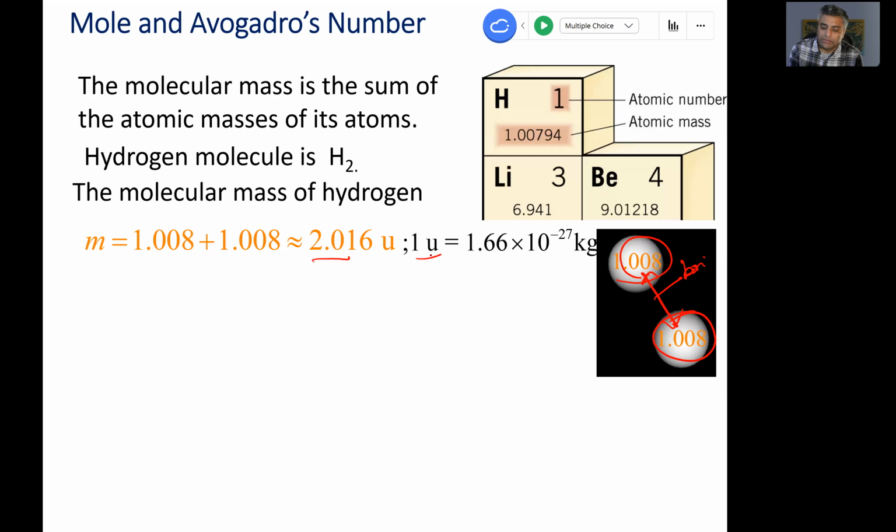So 1 atomic mass unit is on the order of 10 to the power negative 27 kilogram. It's a very small number. Hydrogen has mostly 1 proton and 1 electron, and the mass of the electron is negligible compared to the proton.